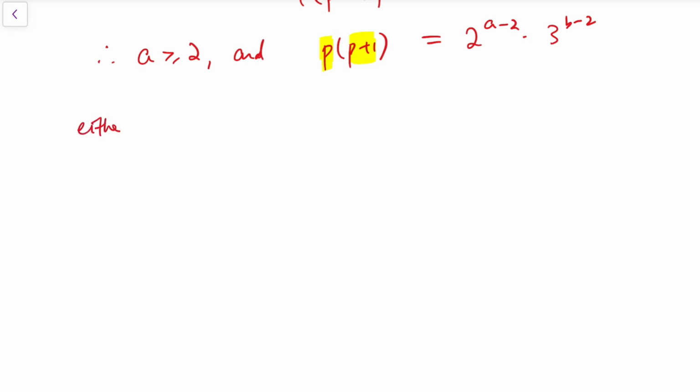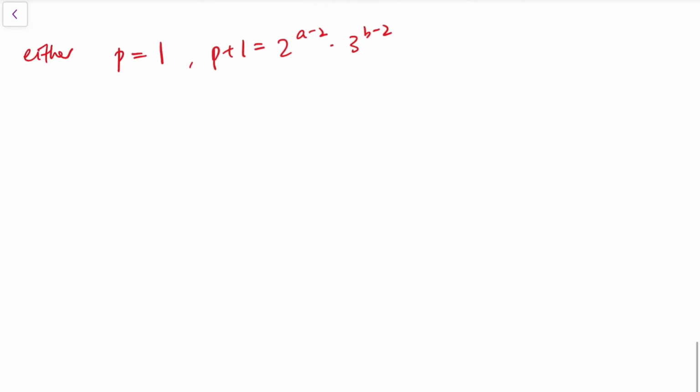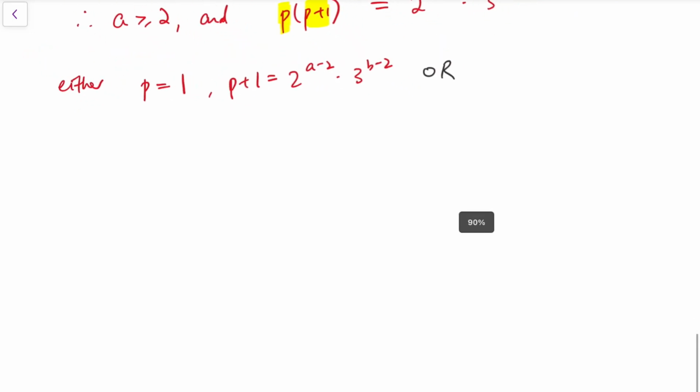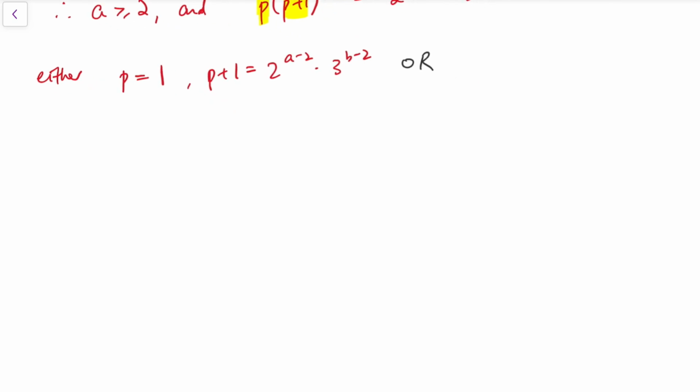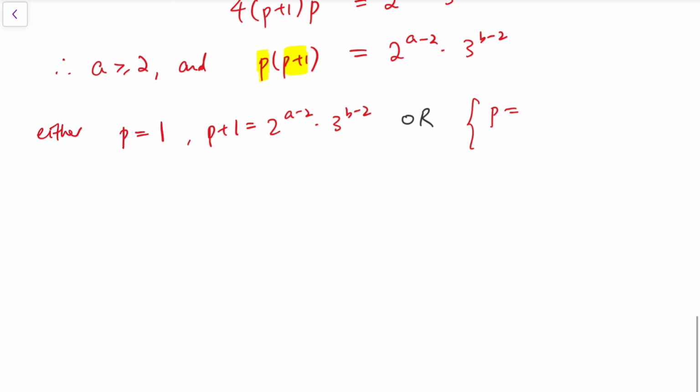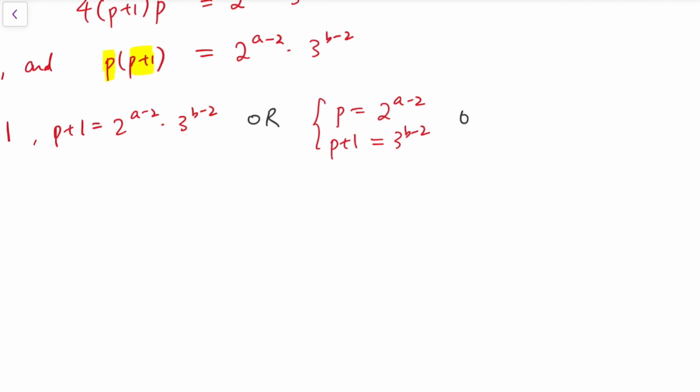So, two cases. Either p equals 1, clearly the smaller one, or p is a power of 2 and p plus 1 is a power of 3, or it's the other way around.